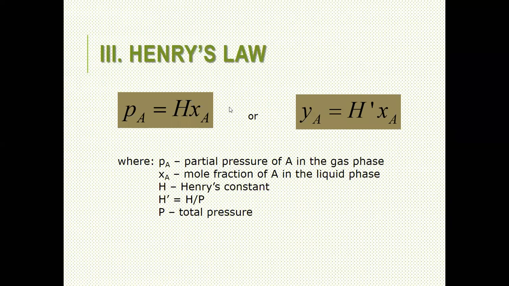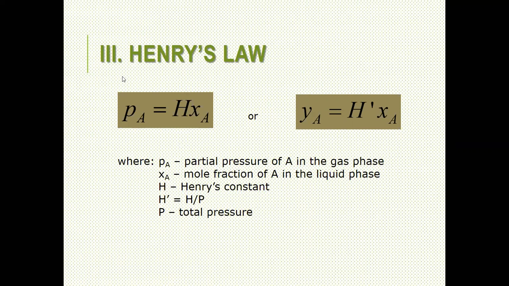So you have a table there that shows you the value of Henry's constant for various systems. So the system has to be given for Henry's constant to be known. If not, most of the problems, so as to eliminate the hassle of having to look into specific tables for its value, it is given. But if not, you always have your handbook and you have the appendices in your book.